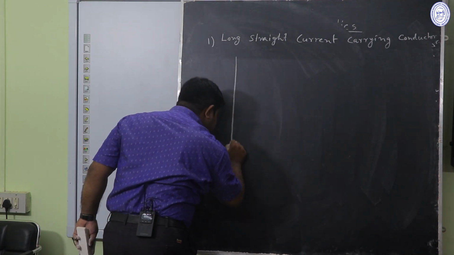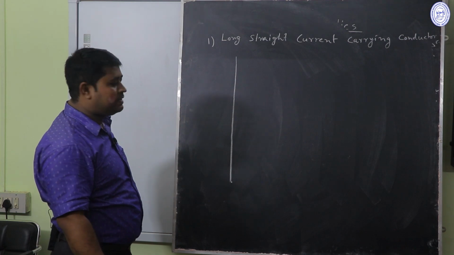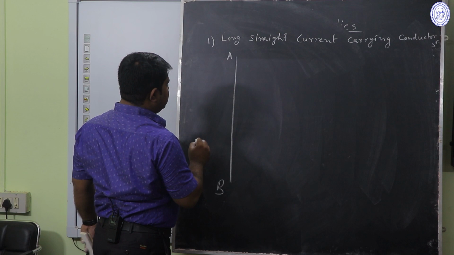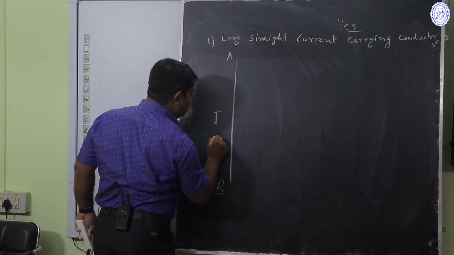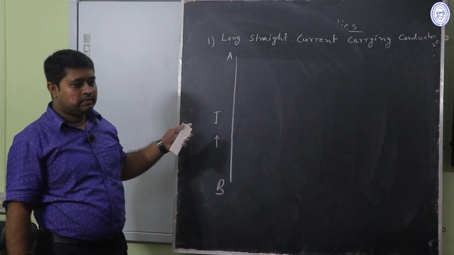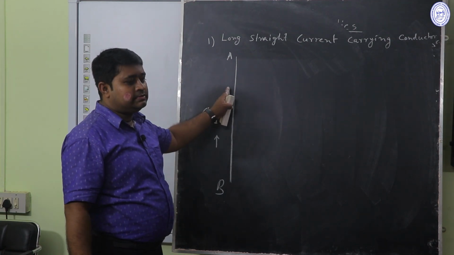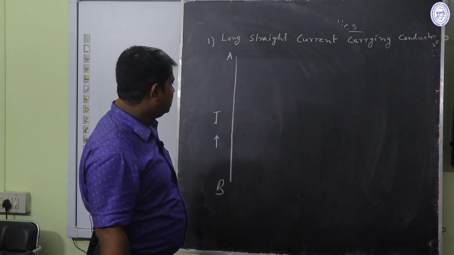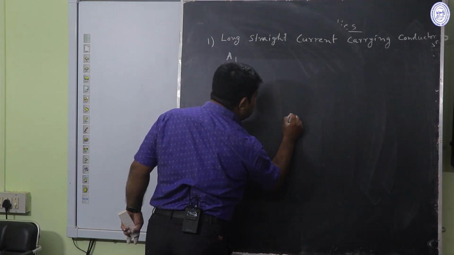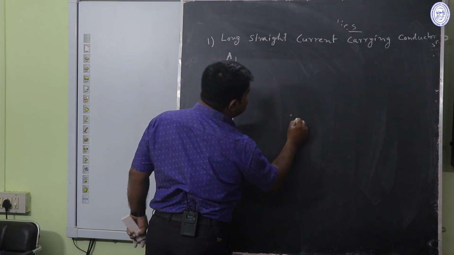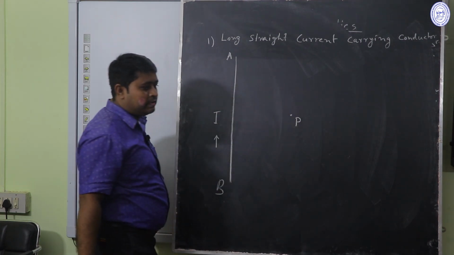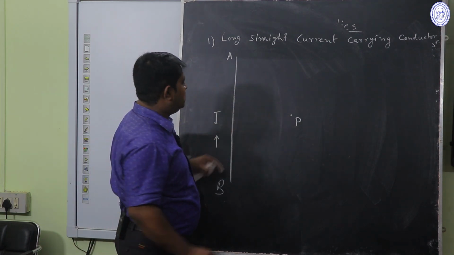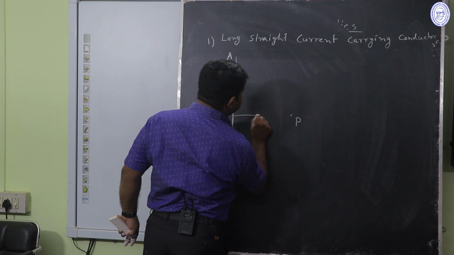We consider a long straight wire AB carrying a current I. Due to the flow of current, we have to calculate the magnetic field outside the conductor. Suppose we calculate the magnetic field at point P. The distance of the point P from the axis of the conductor is equal to A.